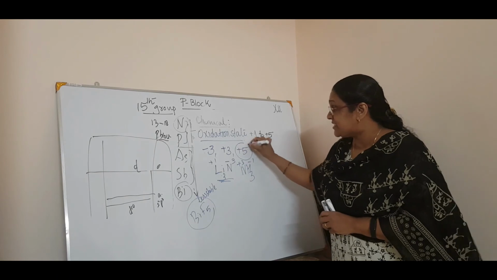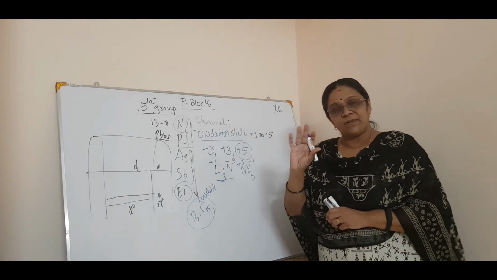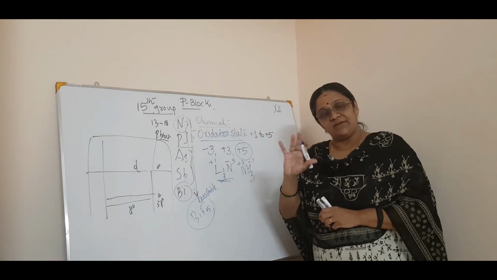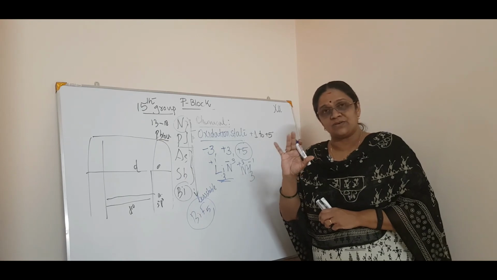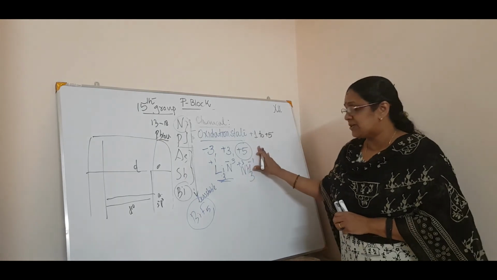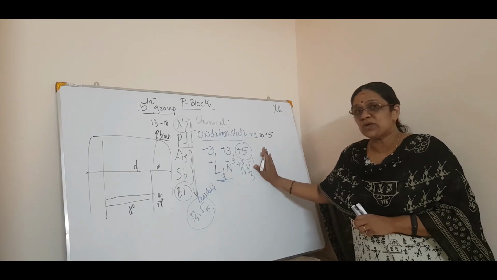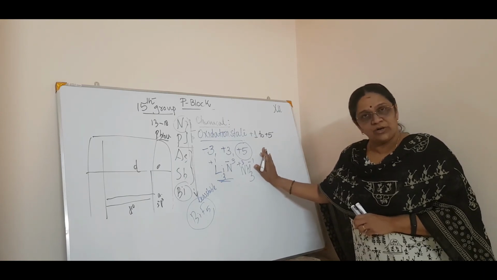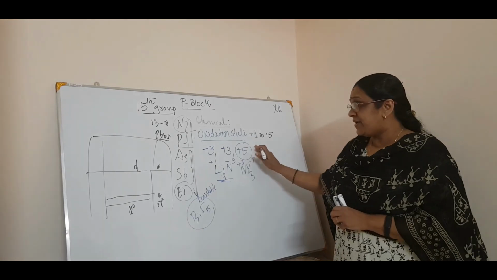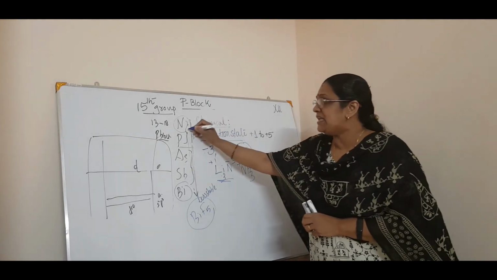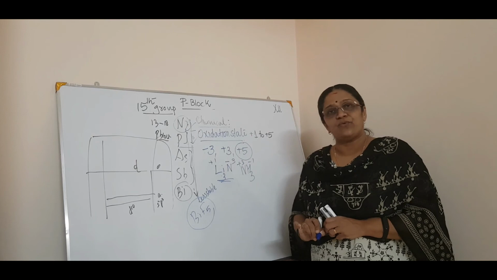The +5 oxidation state is a group valency, because 3 + 2, s2 p3, 5 electrons, 5 orbitals are there, s and p, so total 8 orbitals are there for the bonding. The +5 oxidation state is mainly shown by nitrogen and phosphorus.